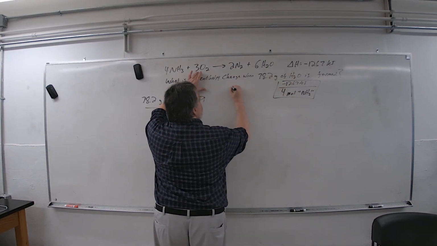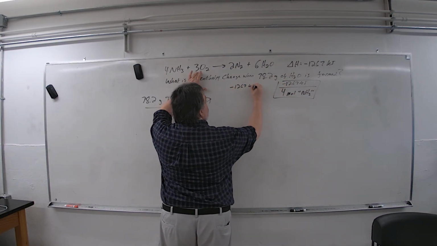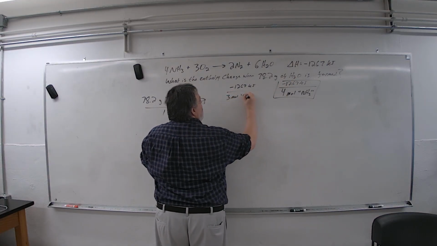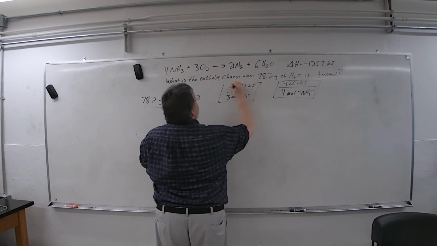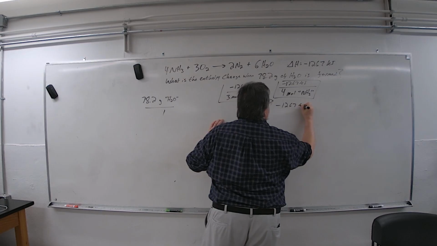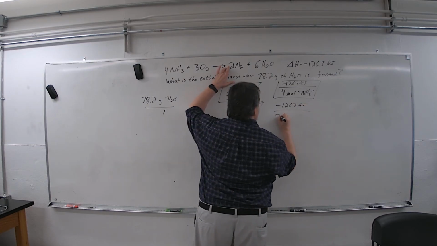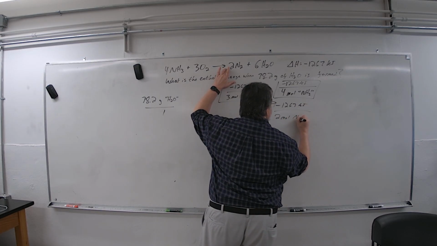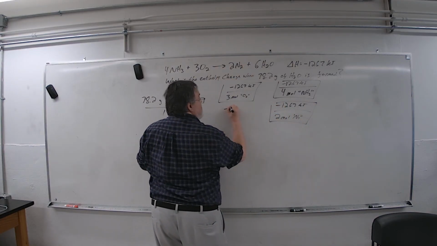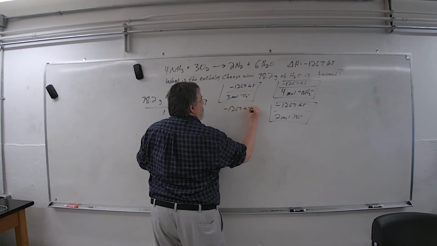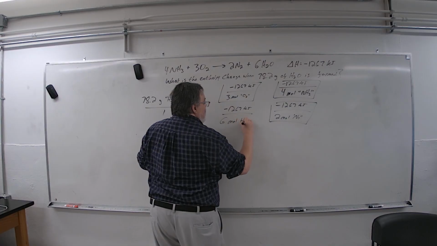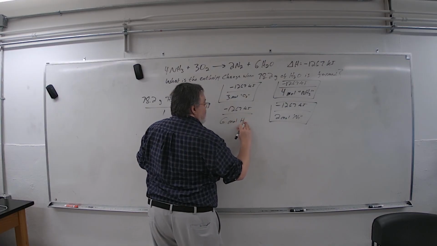Another relationship is negative 1,267 kilojoules to 3 moles of O2. Then there's one for N2, negative 1,267 kilojoules, 2 moles of N2. And then for the H2O, it's negative 1,267 kilojoules to 6 moles of H2O.